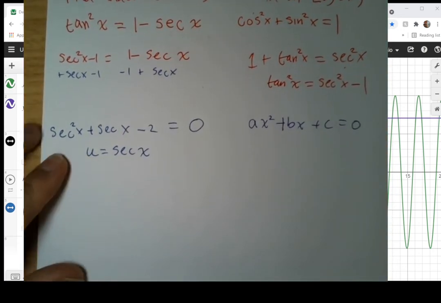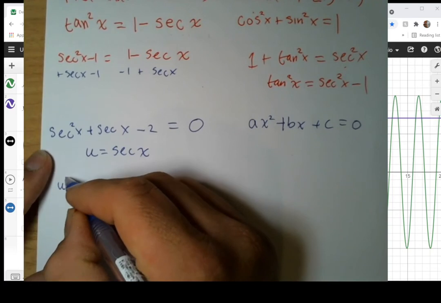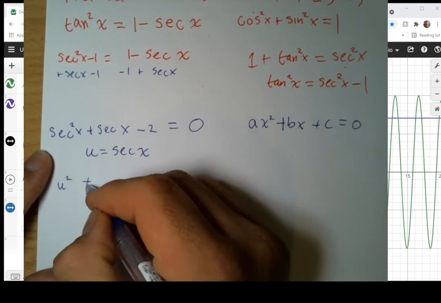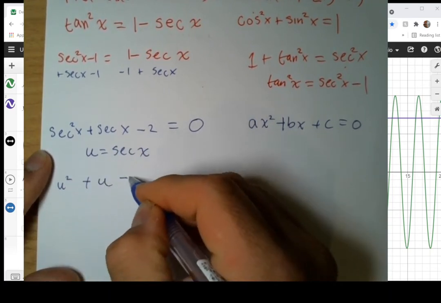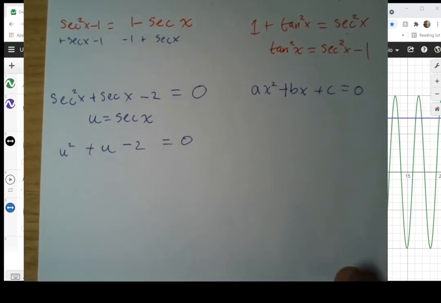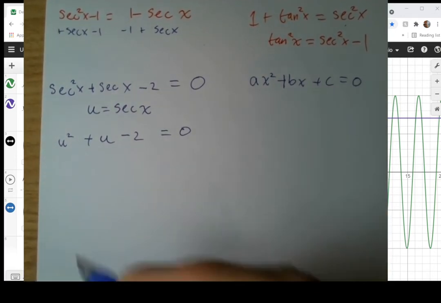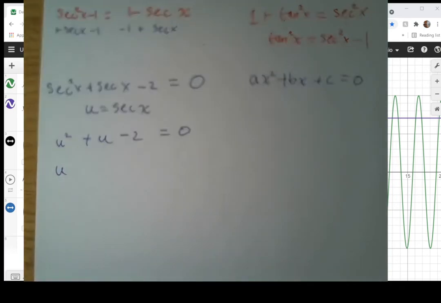If u is secant of x, then secant squared of x is u squared, and secant of x is u. Now I have a quadratic in u, and I can factor, or I can use the quadratic formula. I always like to factor. It always gets me to the answer easiest.